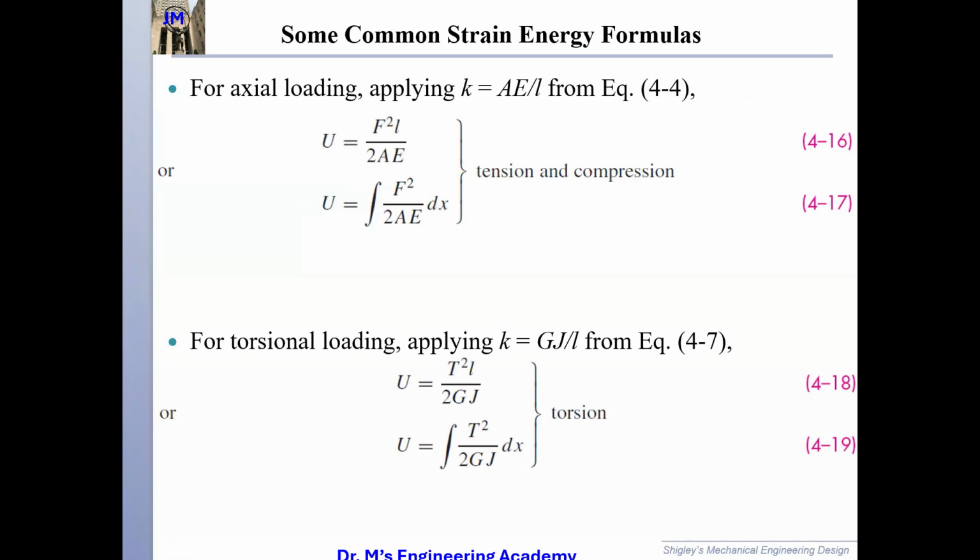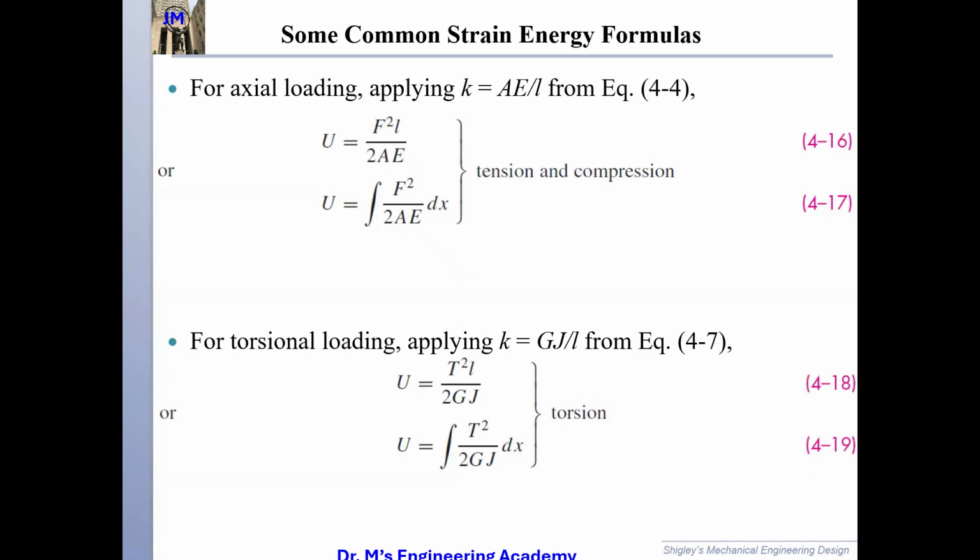For axial loading, the loading is either tensile or compression. So the spring constant K equals AE divided by L, right? So this is what we just talked about. And then U, the strain energy, equals F squared L over 2AE.